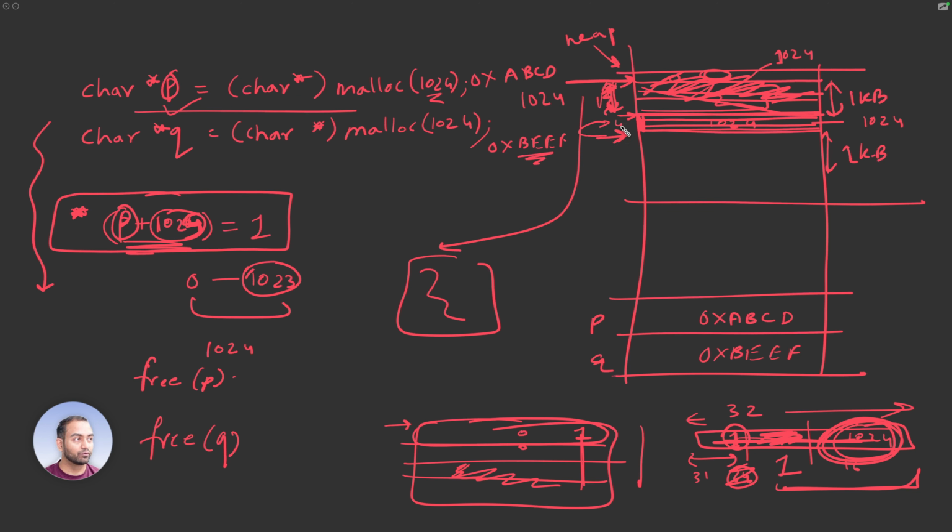It'll step back 4 bytes and then say, okay, what's the number stored here? Oh, the number is not 1 KB. It's maybe 512 KB, some weird big number. And now instead of freeing 1 KB, it'll actually free a lot more. And the problem is that the later memory region might be in use or claimed by some other pointer.